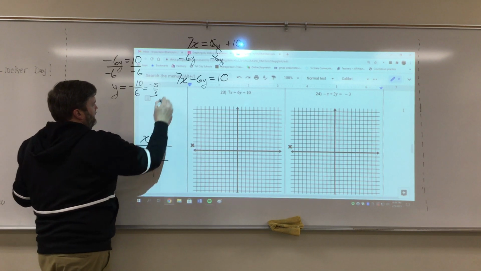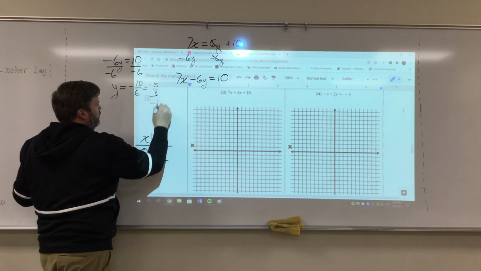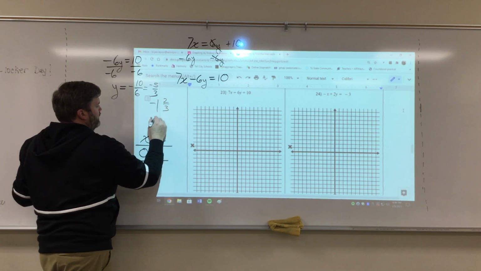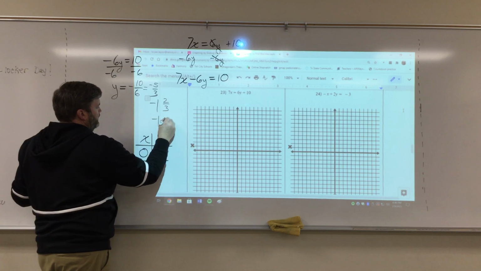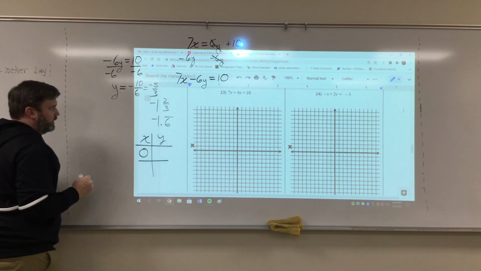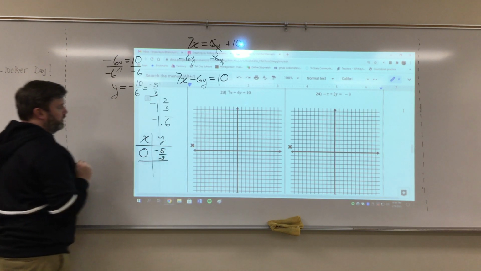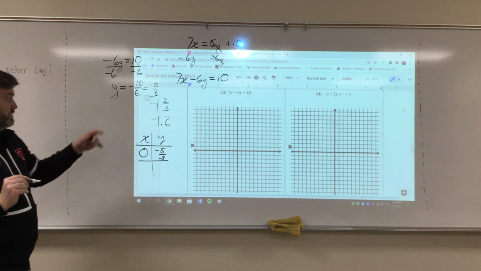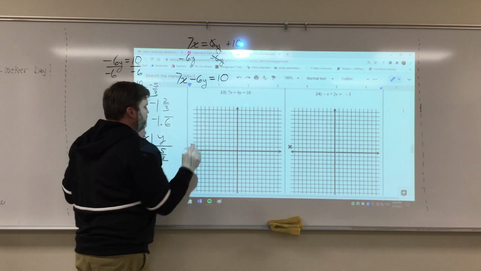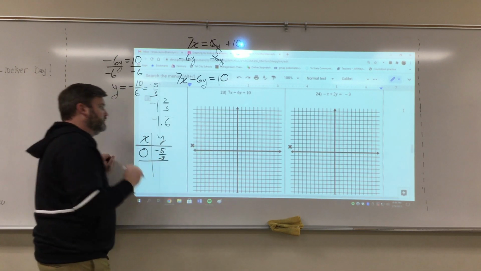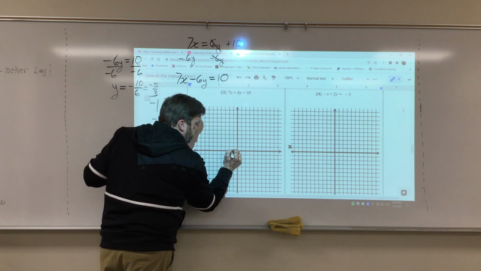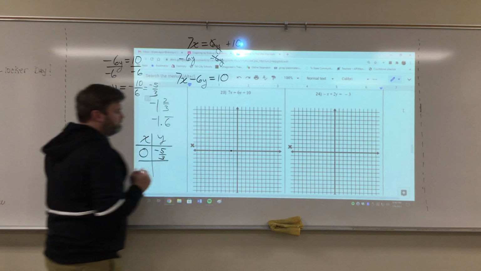So that would be negative 1 2/3, or negative 1.6 repeating. I like to just put the improper fraction, negative 5/3. That's going to be somewhere between 1 and 2. I'm sorry, somewhere between negative 1 and negative 2. A little bit closer to negative 2, so I'll just put it right there.